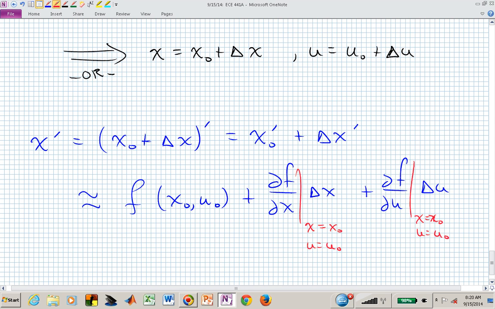And what we want to do is make sure that this is actually equal to that, and now we have the dynamics of the small variation of x around that operating point equal to these first order relationships in delta x and delta u.